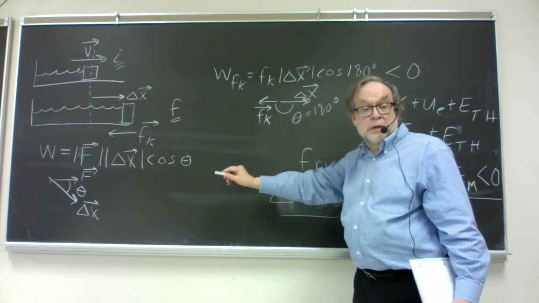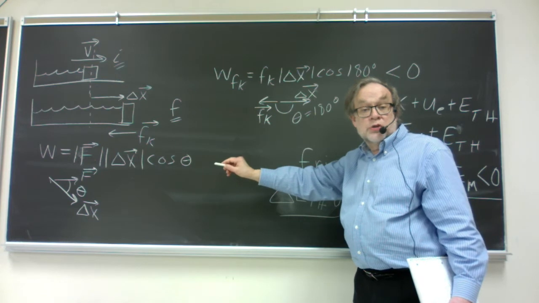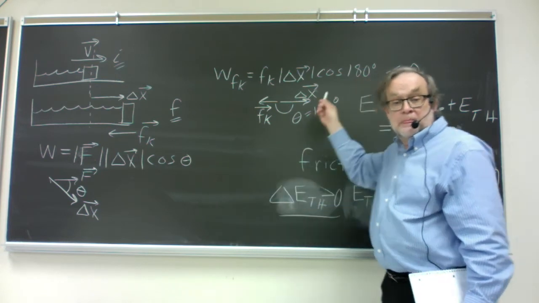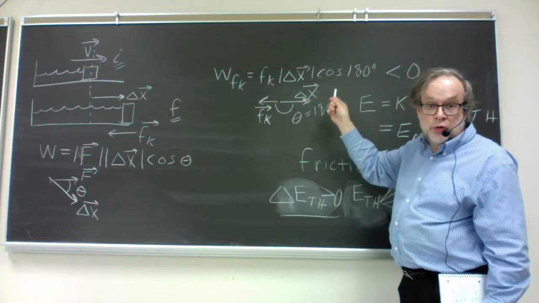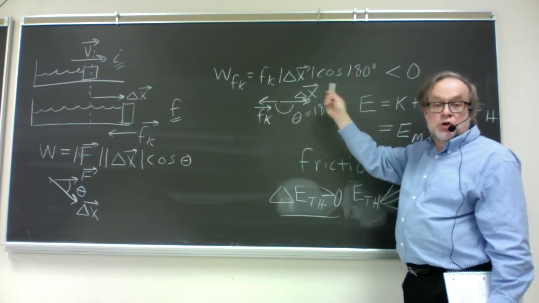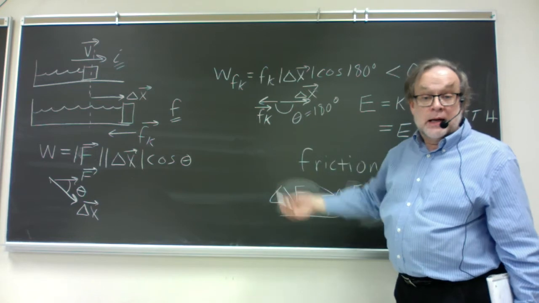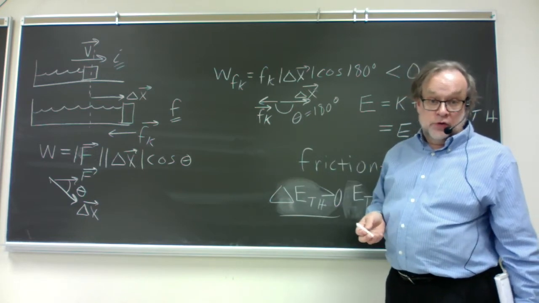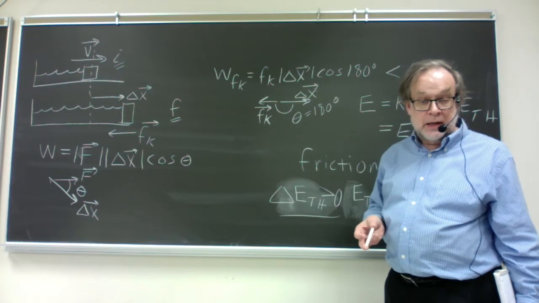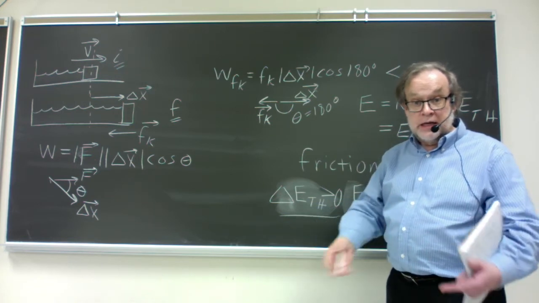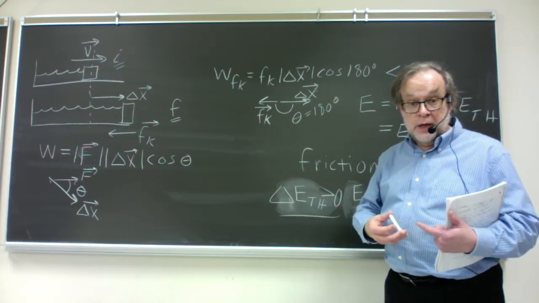So the last term there in the work equation is cosine of 180 degrees. Trigonometry tells us that cosine of 180 degrees is -1. So that results in a negative work done by friction on the mass. Energy is taken away from that moving mass.